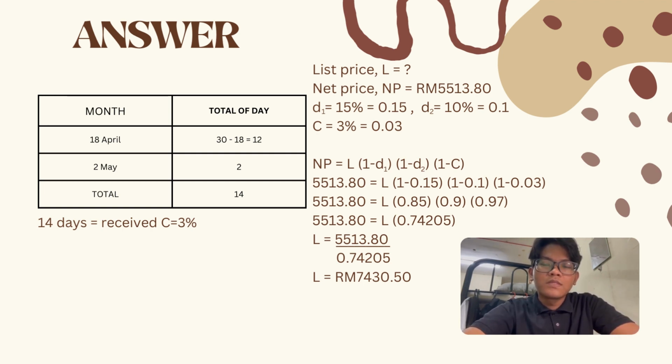Then we put all the information into the formula. 5513.80 equals L times (1 minus 0.15)(1 minus 0.1)(1 minus 0.03). Then we get 5513.80 equals L times 0.85, 0.9, 0.97. And then we get 5513.80 equals L times 0.74205.